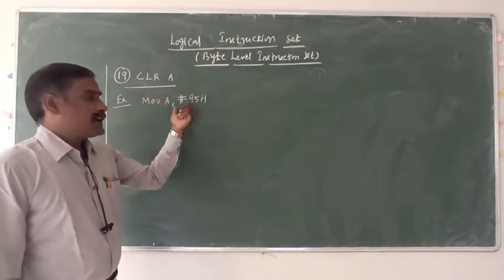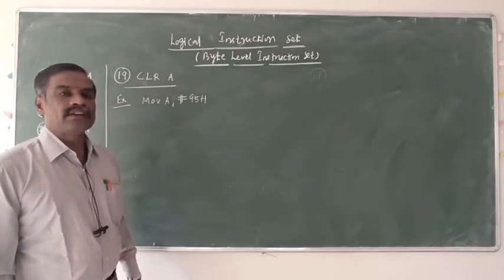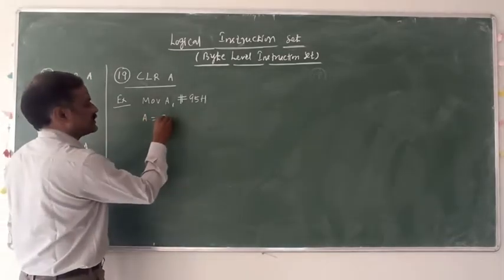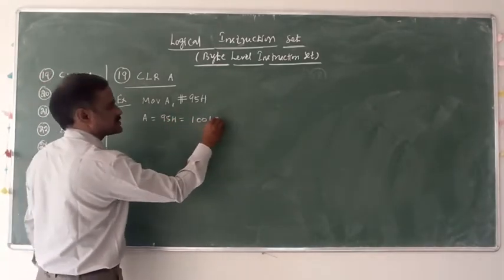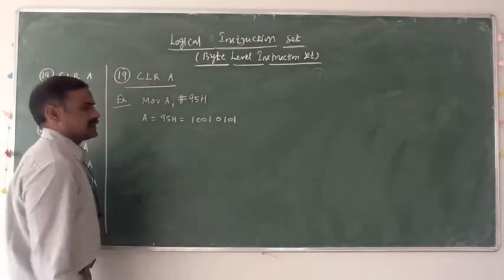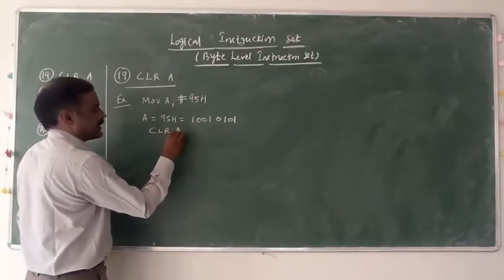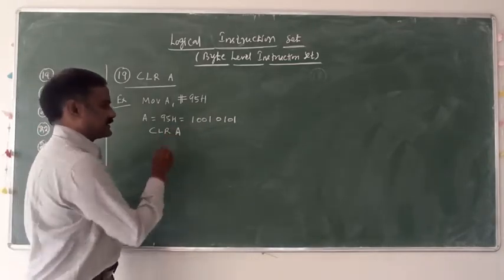To clear the accumulator, all 8 bits become 0. Here accumulator 95: 9 means 1001, 5 means 0101. CLR A clears the accumulator content.